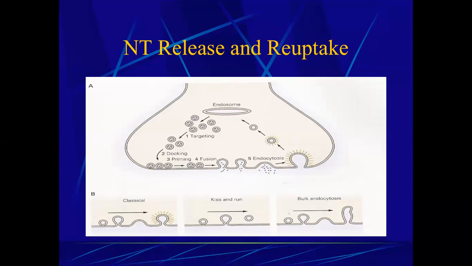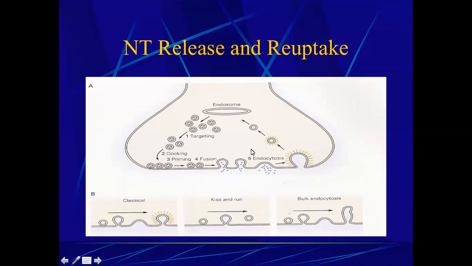Whatever is not used, you'll start to see there's a process of reabsorption. So it swallows it back up, brings it back along microtubules, and then it prepares it for recycling, right? So that's the process of the release of neurotransmitter and the reuptake process.